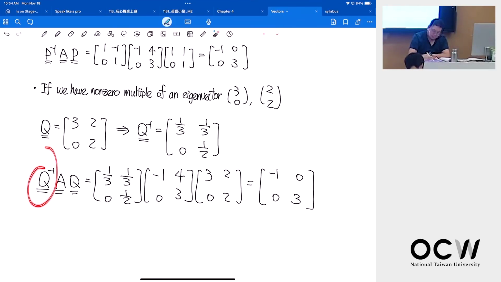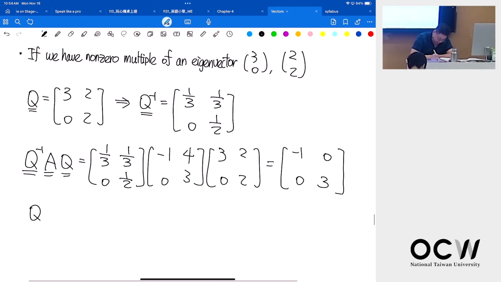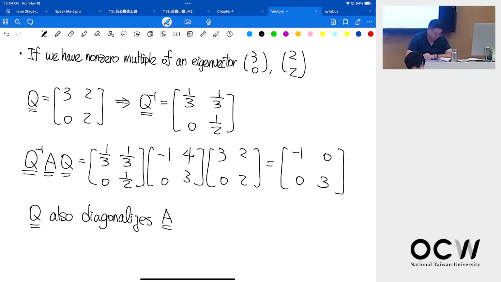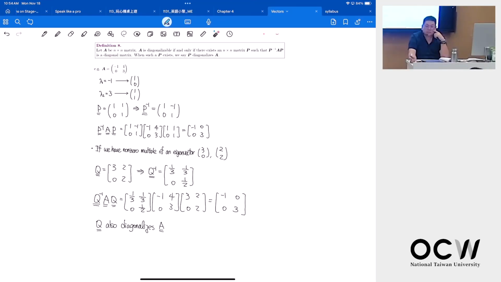Q also diagonalizes A, right? Because the final answer here is a diagonal matrix. Any questions here?